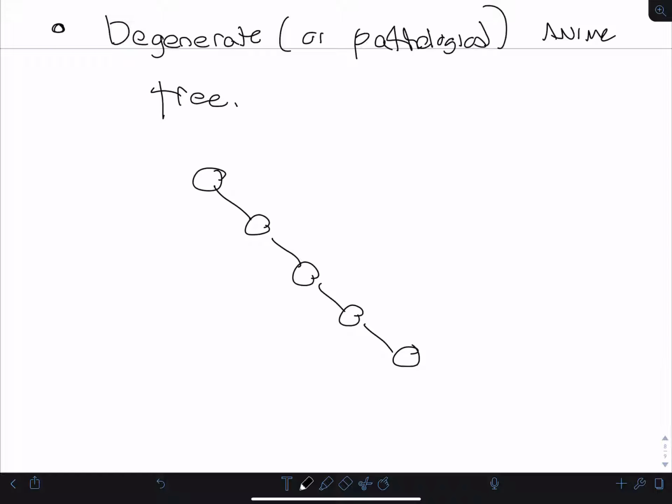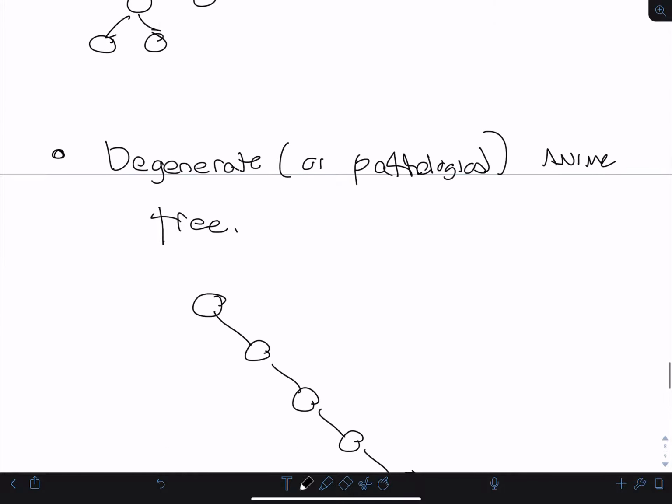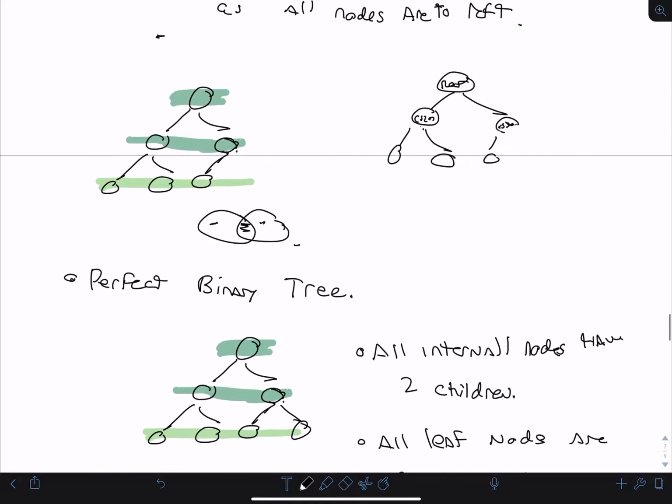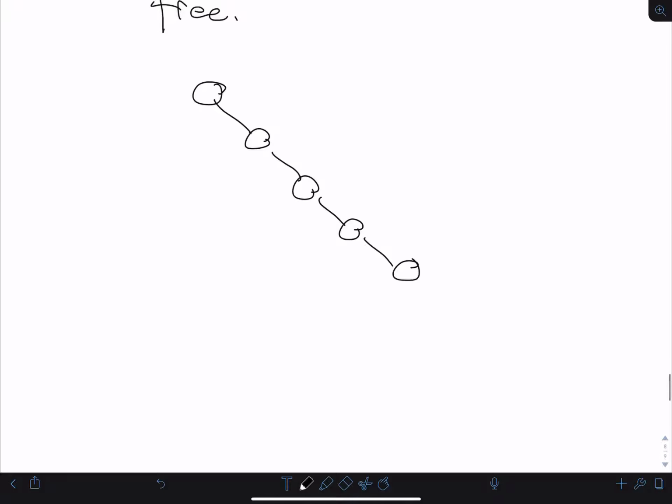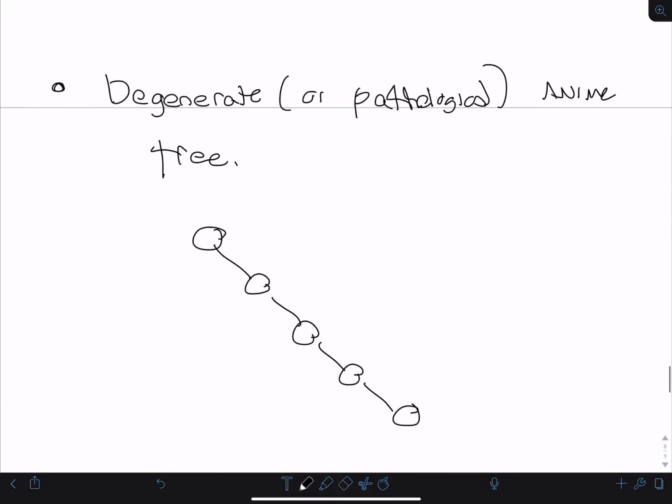Why? Because remember when I was talking about the log n stuff? If it's a perfect binary tree or if it's a complete binary tree, in both cases we have log n height. In the case of full tree, we may not have log n height, but for complete and perfect, we got log n height. In fact, I'll probably write that here. That's probably a good thing to have.